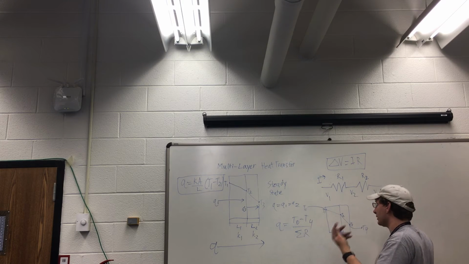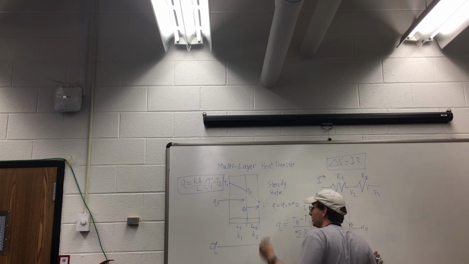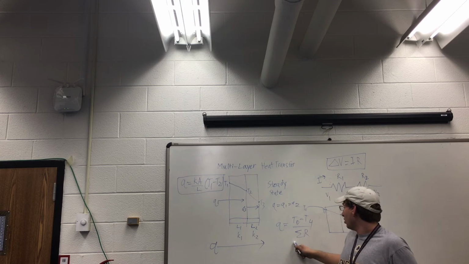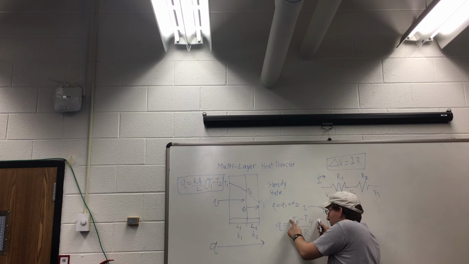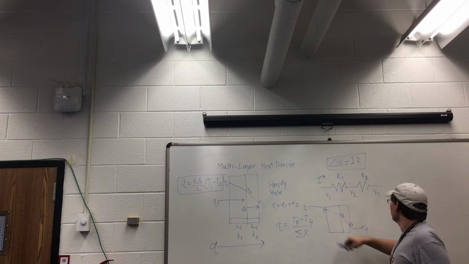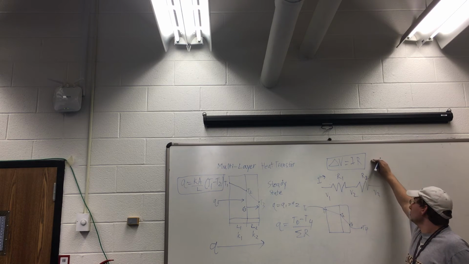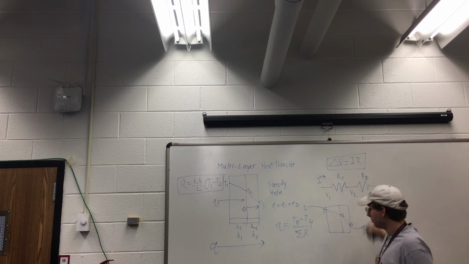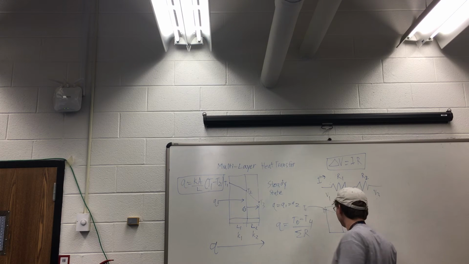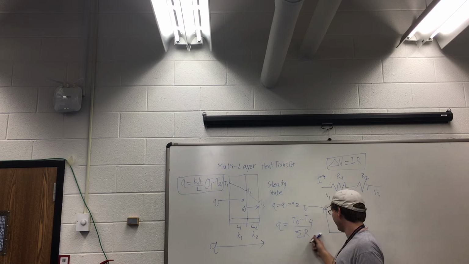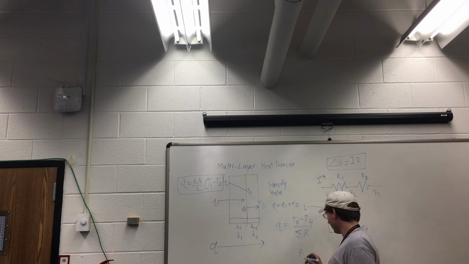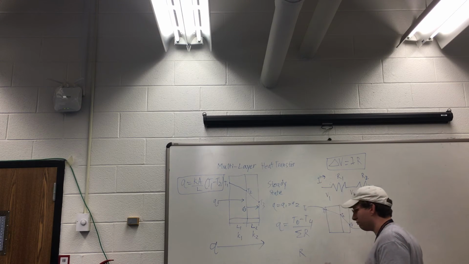If you think back to what we did with this problem, you'll see that we had R1 plus R2 in the denominator, and we had a temperature difference on top, and it also drew very nicely to Ohm's law, which I had up earlier. So pretty much what I'm going to do is write down my resistances, and that's it.